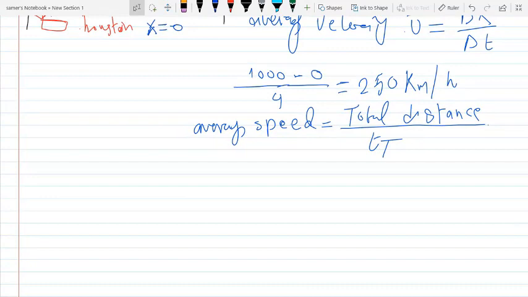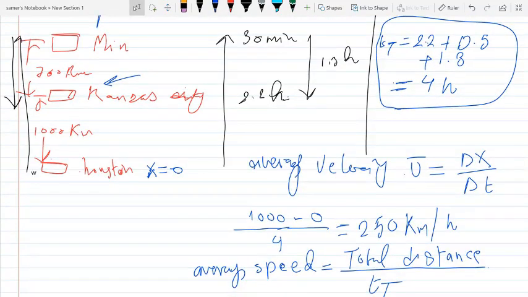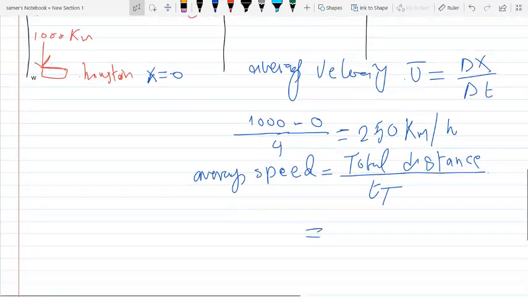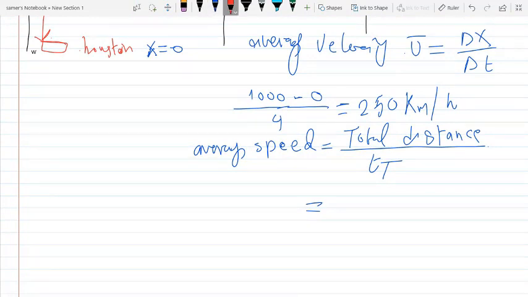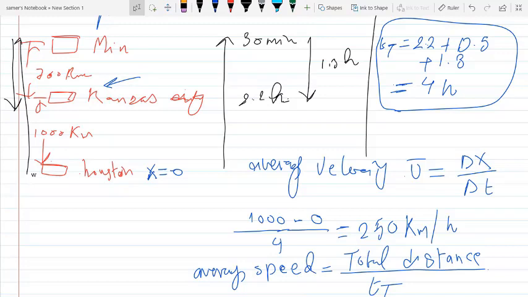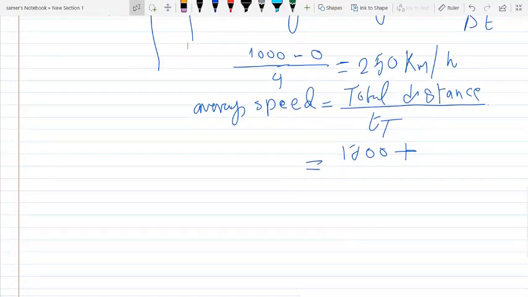The total distance is the distance from Houston to Minneapolis, which is 1,700 kilometers, plus the distance from Minneapolis to Kansas, which is 700 kilometers, divided by the total time, which is 4 hours.